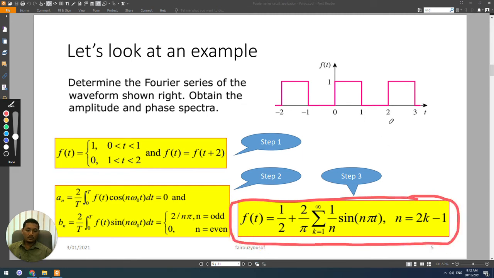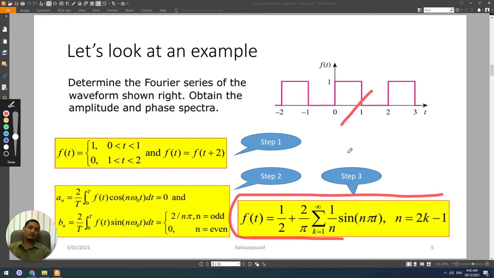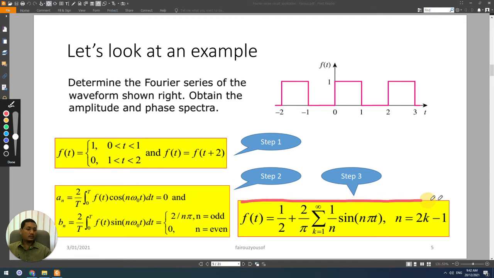So to do this, we have learned in the previous video, using a_n, b_n, and a_0 to obtain the Fourier series of this waveform. So you can watch that in the previous video, but in this video we'll skip that process. So basically this is the Fourier series of the waveform.